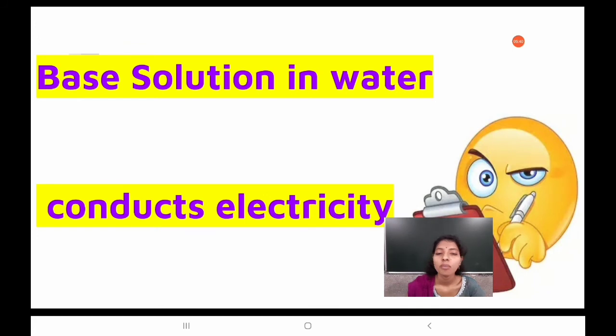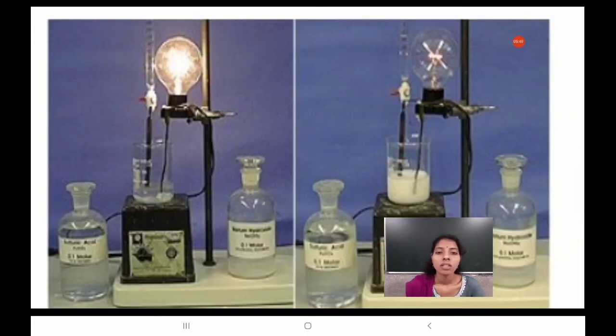See, base solution in water conducts electricity. How will it conduct electricity? See now. Here also take two different beakers, and in one beaker we need to take sodium hydroxide, right?